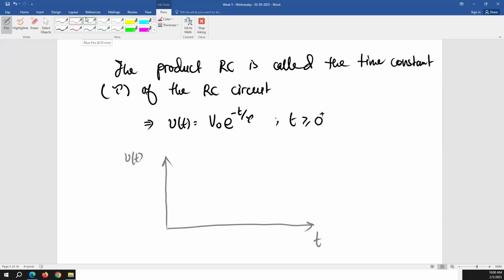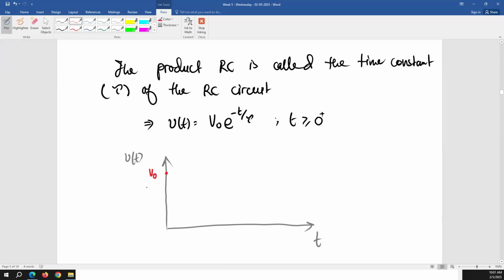All right, when time is 0, what is the value of the voltage across the capacitor from the equation? V naught, right? E to the power negative t over tau, t is equal to 0, exponent becomes 1, and the capacitor voltage is V naught, which we are expecting because voltage across a capacitor cannot change instantaneously. So that's V naught at time t is equal to 0.